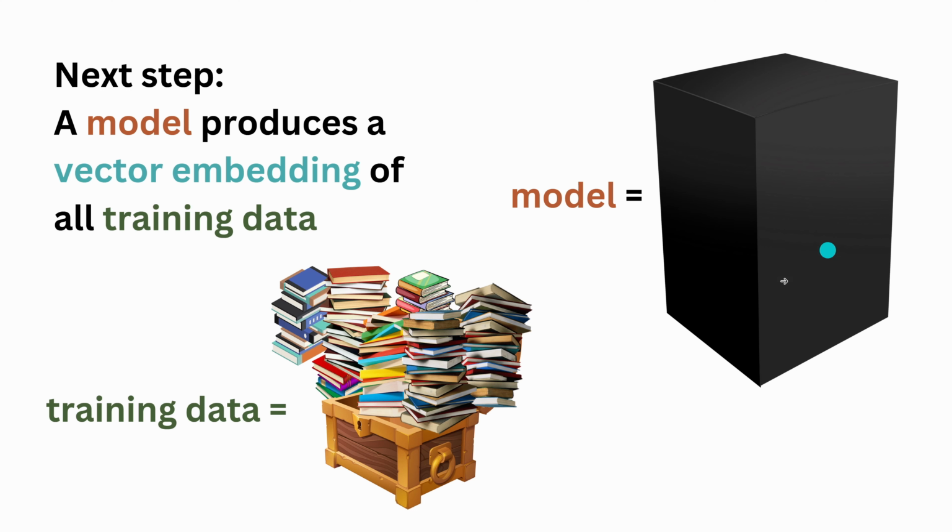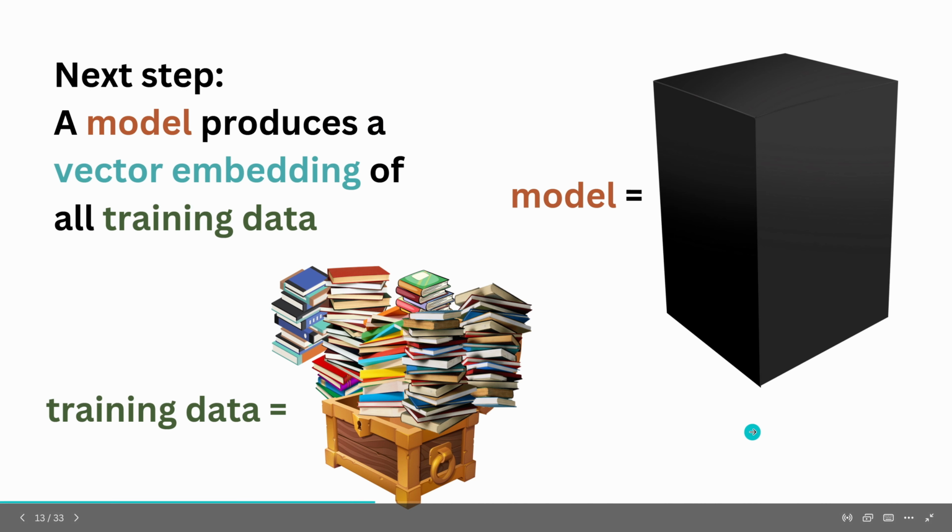And the model is this beautiful black box that, for example, OpenAI trained on Microsoft Azure cloud infrastructure, and they now have a model. And they say, okay, if you pay us, you can use it to generate your embeddings. So a model, the black box, produces a vector embedding. What the hell is a vector embedding? I just showed you. Of all the training data.